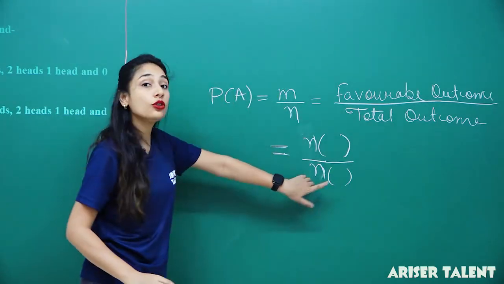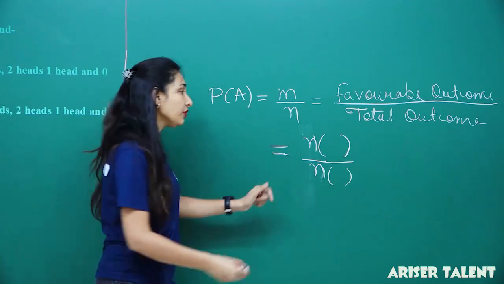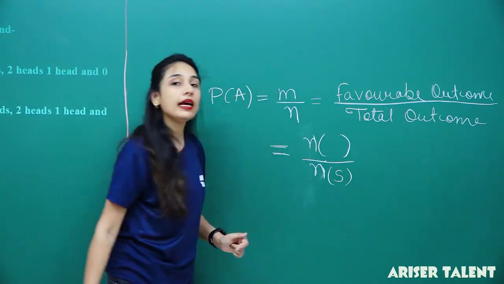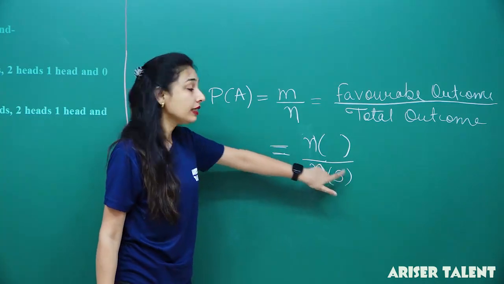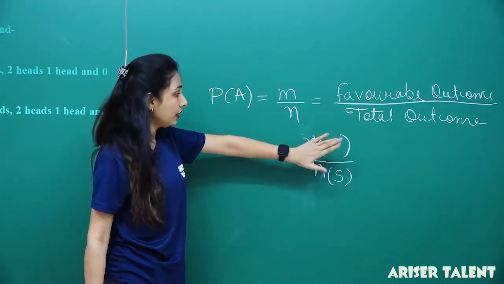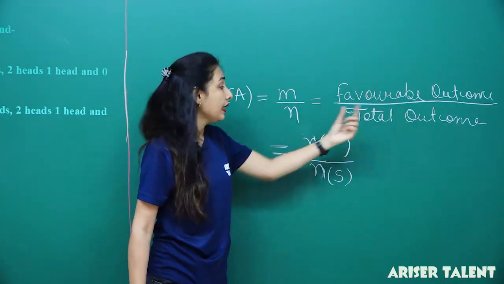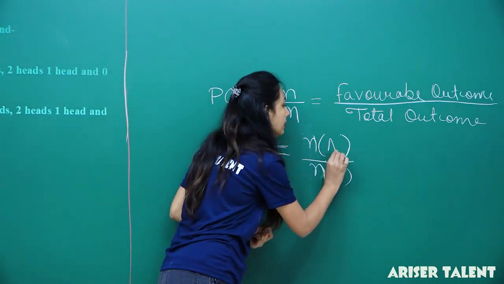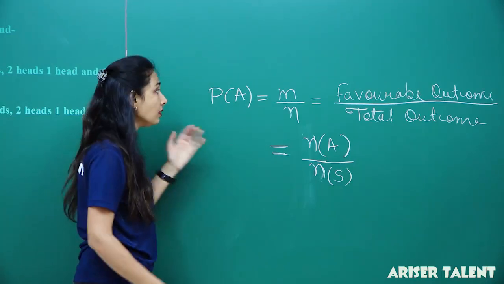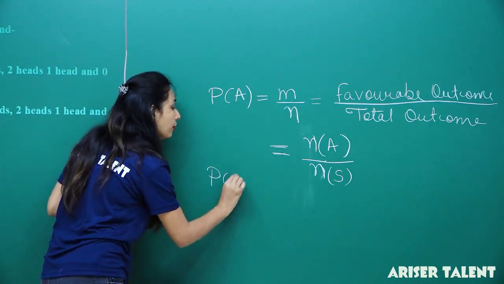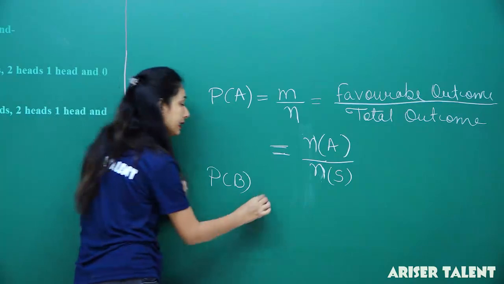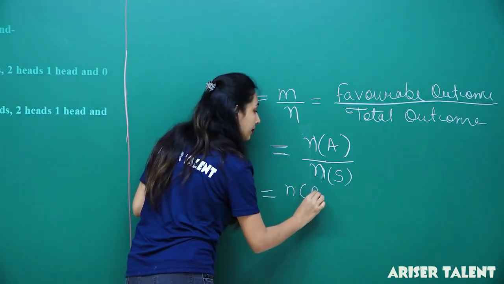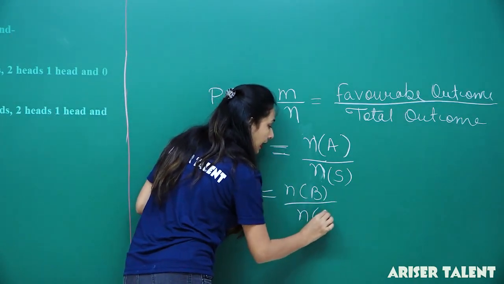This is the total number, which will always be denoted as n(S). Now, N and the bracket. This is the favorable outcome. If I am talking about P(A), that will be n(A) upon n(S). Similarly, if I am talking about P(B) to be found out, that will be n(B) upon n(S).